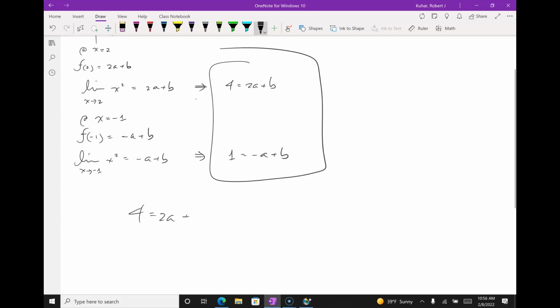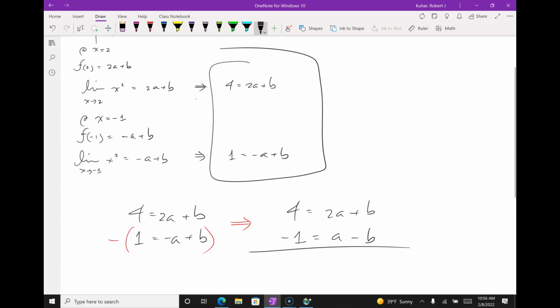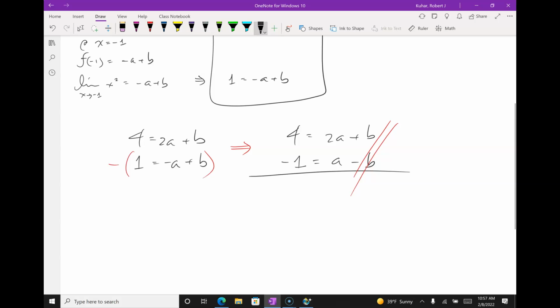You remember the fun you had in Algebra 1 solving systems of equations? Either substitution method or elimination method. I like elimination method. I'm going to negate that whole second equation. 4 equals 2a plus b, negative 1 equals a minus b, and then add them together. 3a equals 3, so a is 1.